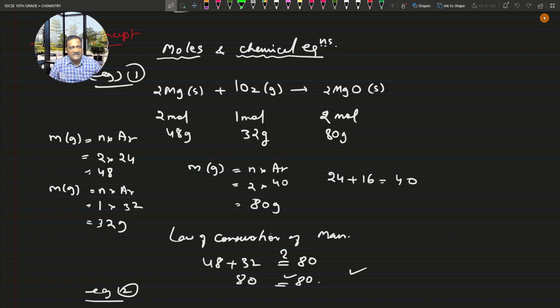And in today's session, we are going to continue with our chemistry subject for IGCSE. This is, I think, the fourth video on the stoichiometry that we were doing already. So we are into IGCSE 10th grade, and we are into the topic called stoichiometry in chemistry.